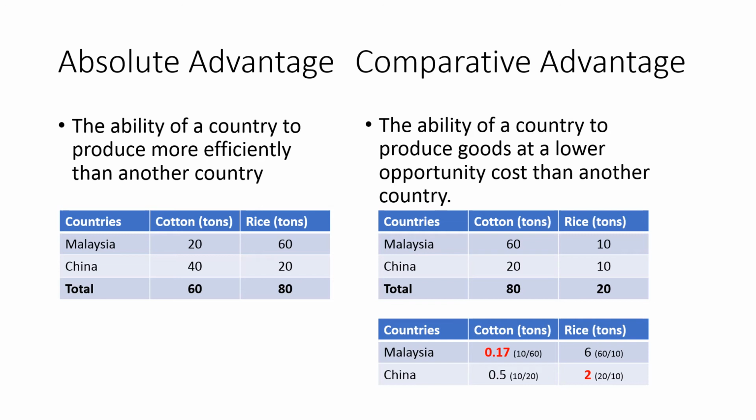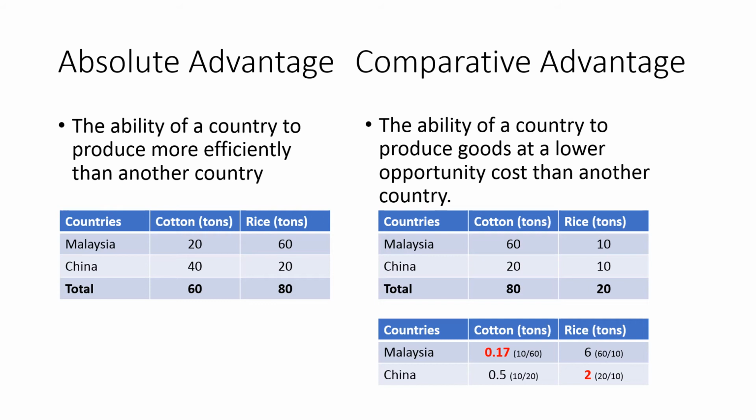Therefore, Malaysia has the comparative advantage in the production of cotton, and China has the comparative advantage in the production of rice. Malaysia has to sacrifice only 0.17 tons of rice in order to produce 1 ton of cotton, while China has to forego 0.5 tons of rice.